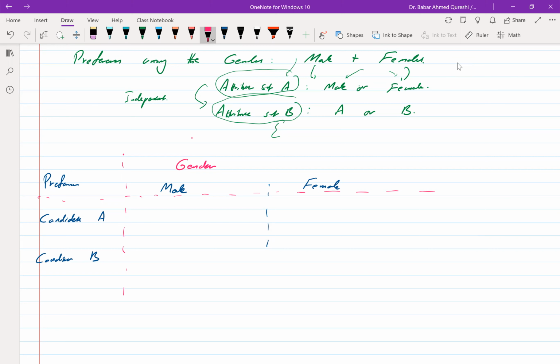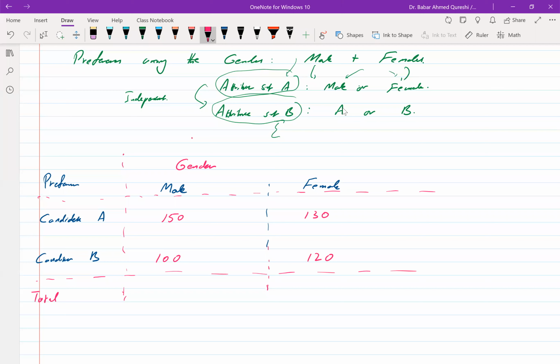So when you did the survey, you found that 150 males preferred candidate A, 130 females preferred candidate A, 100 males preferred candidate B, and 120 females preferred candidate B. So I can make this table, I can compute the total number in each category.